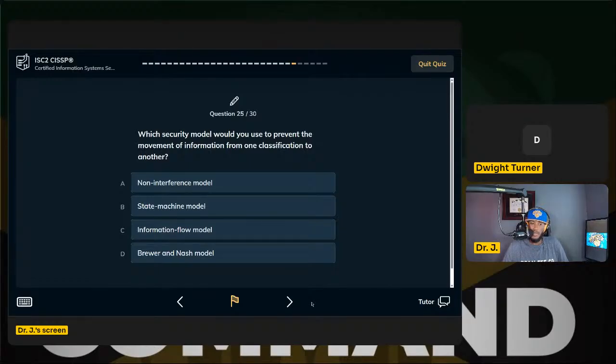All right, which security model would you use to prevent the movement of information from one classification to another? Prevent the movement of information from one classification to another.